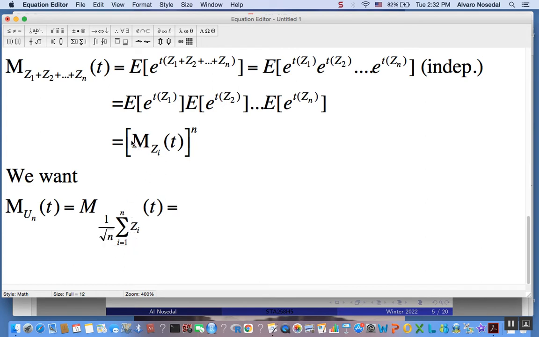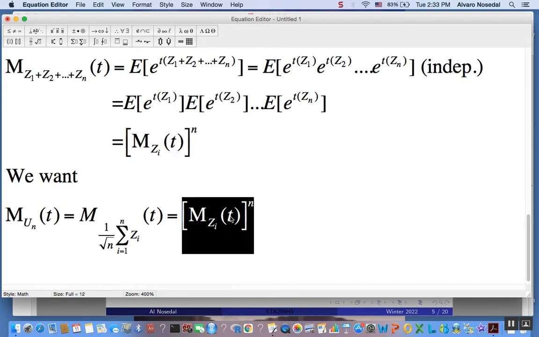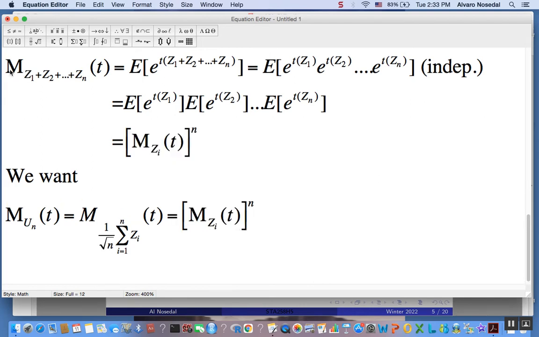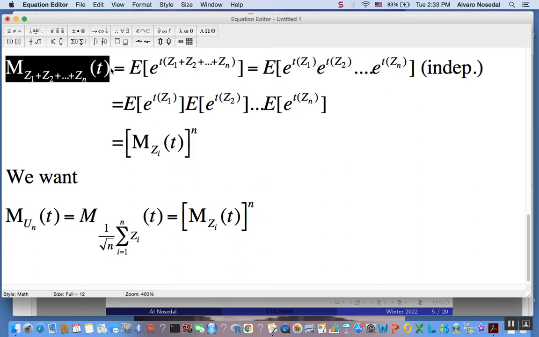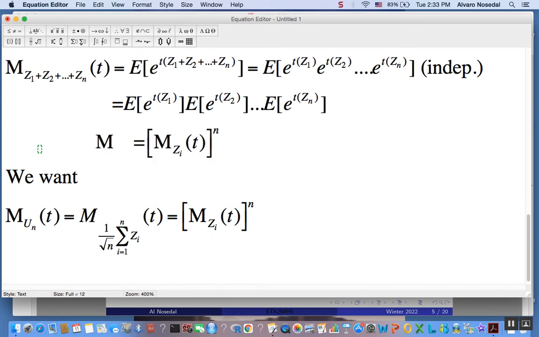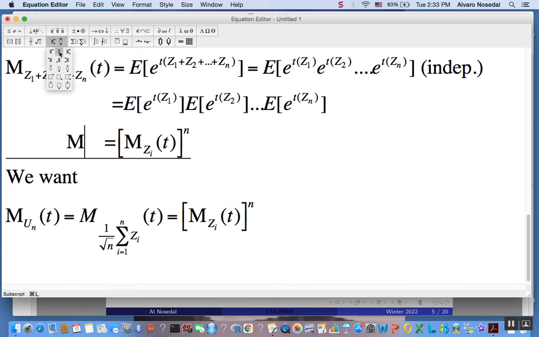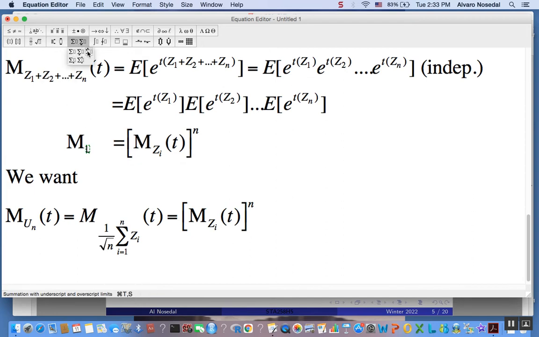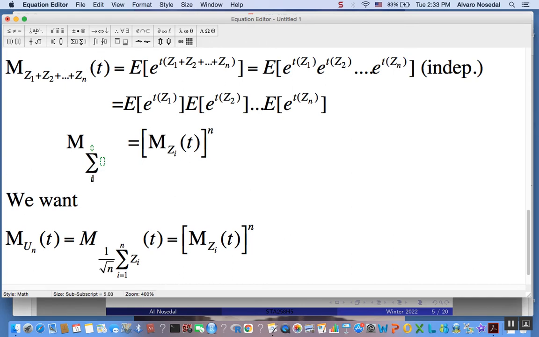So this will be the same as this. This is the MGF, to be super clear, of the summation of the zi's.